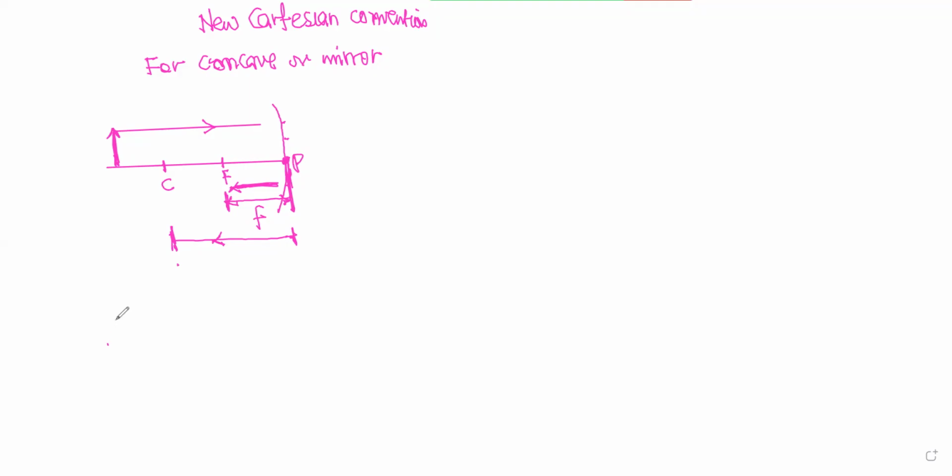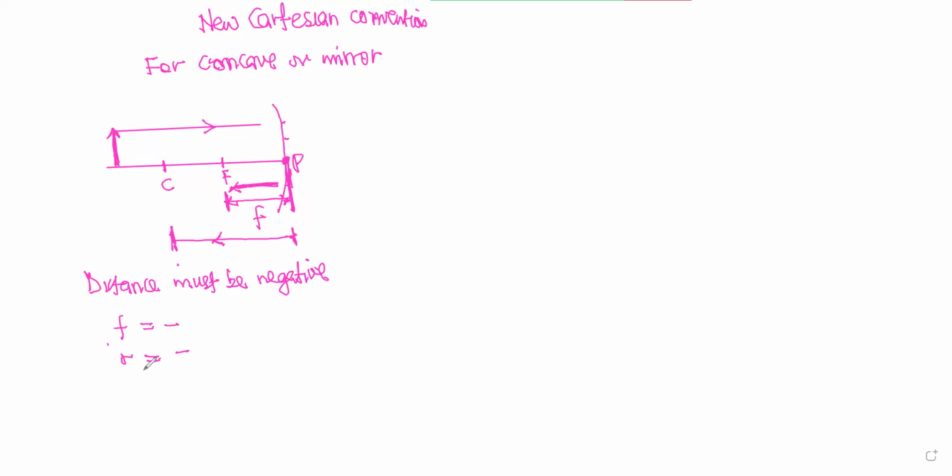So when the direction of incident light is against the direction of measurement, then the measurement or the distance in question must be negative. So if we have a situation like this, then in this case, f will be negative, R would also be negative.